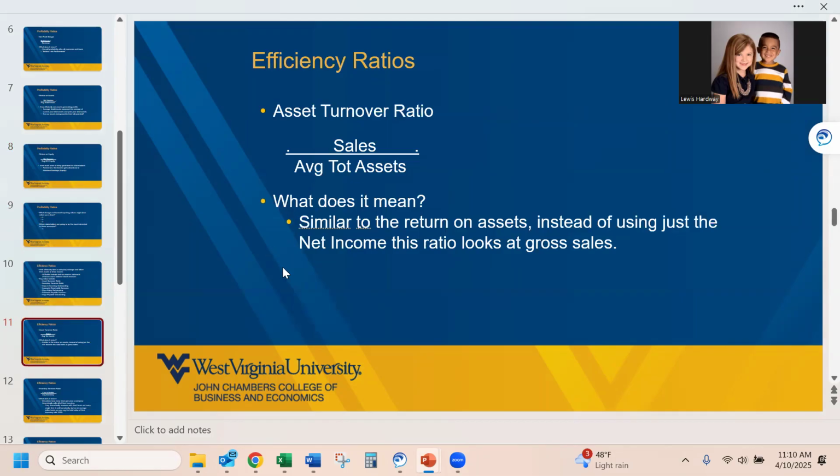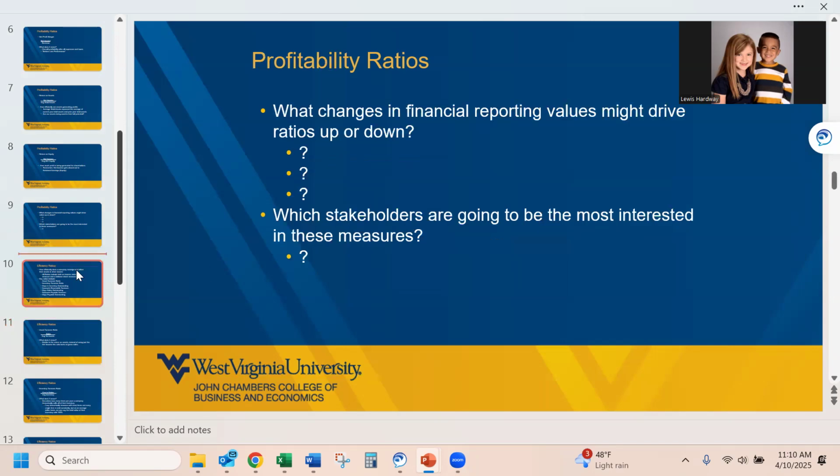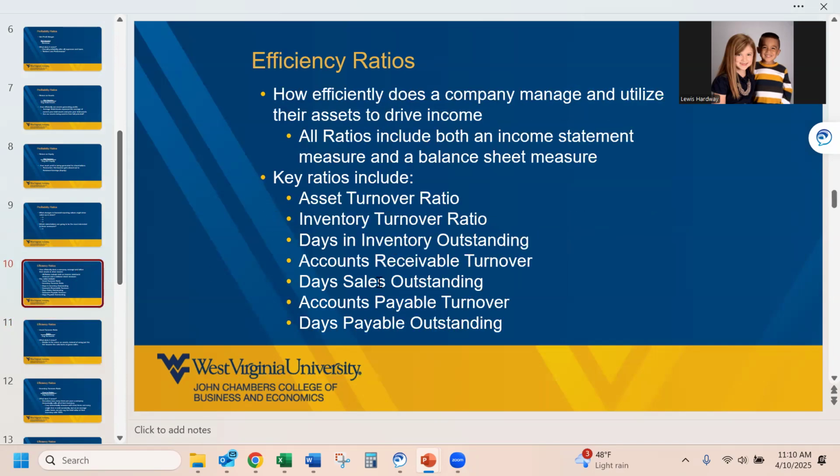So okay, similar to return on assets, instead of using just the net income in this ratio, we look at gross sales. Obviously I skipped over the ROA.